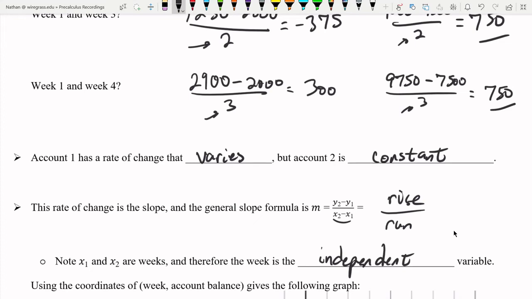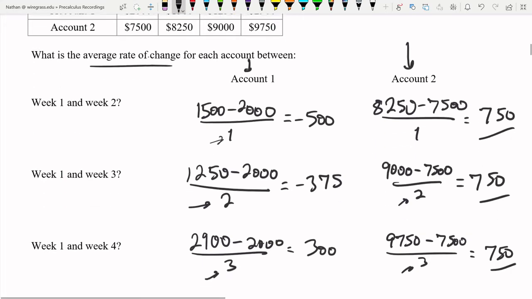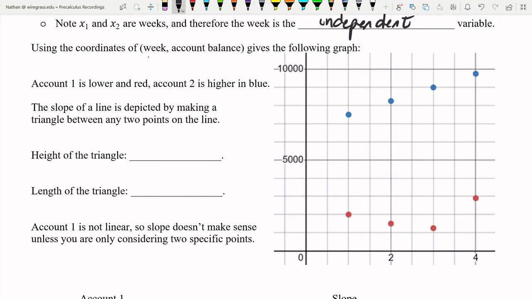It is the week, which makes sense because the dollar amount is dependent upon which week you're talking about. The week is a time variable, and time is pretty much always an independent variable of choice. So that's going to be our x values. The money would be our y values because they depend on the x. And we can graph them like that, using this: week 1, week 2, week 3, and week 4.